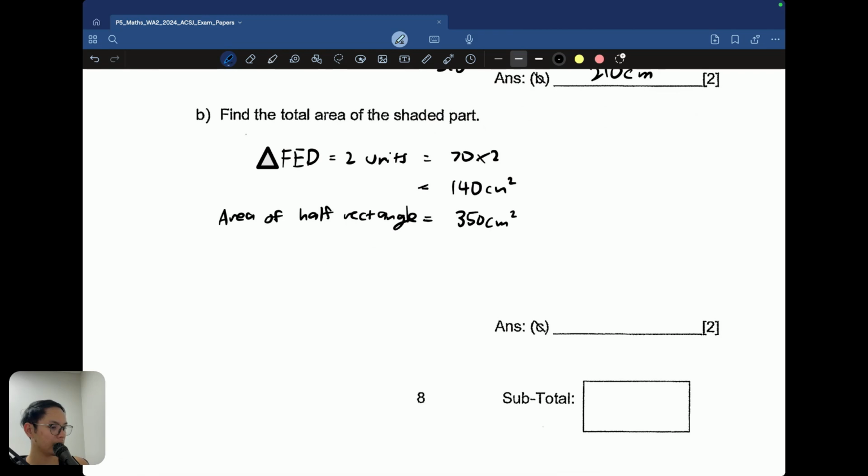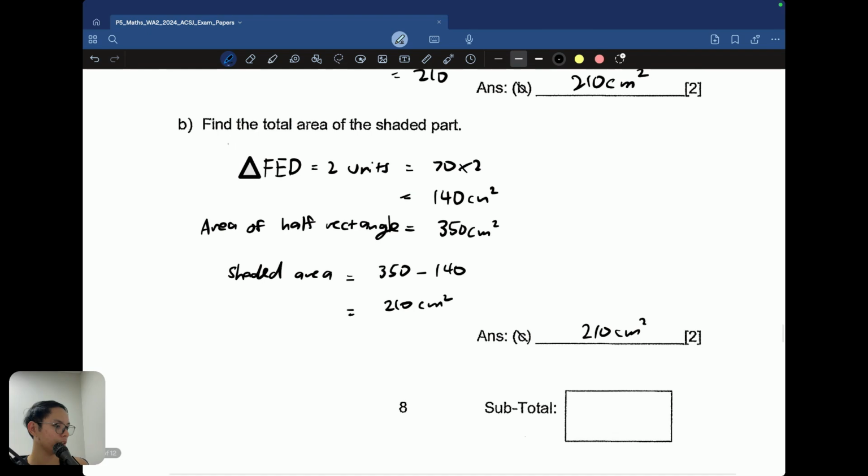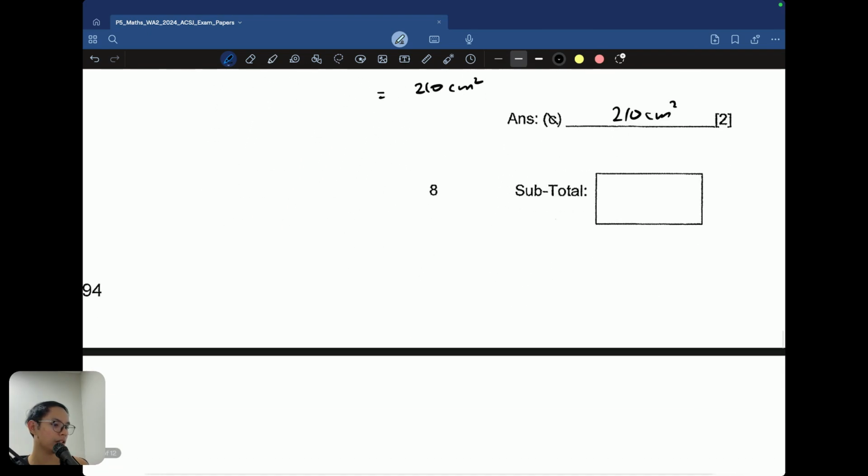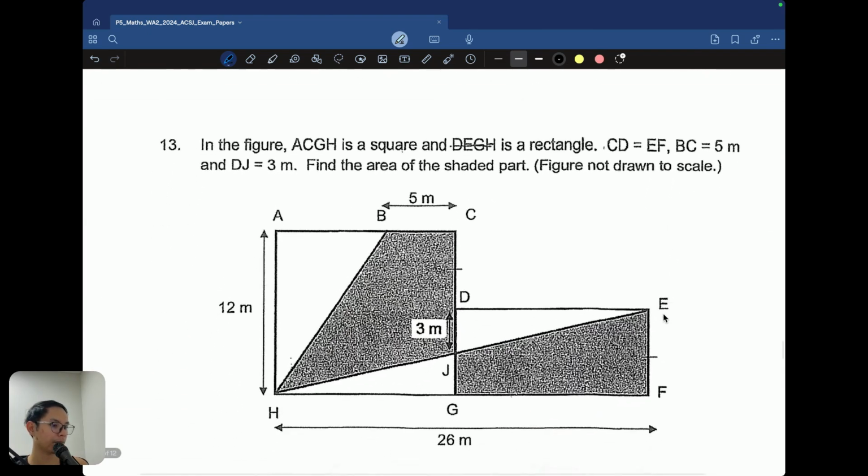So now to get the shaded area, it's basically 350 minus 140, which is 210 centimeter square. So the answer is 210 centimeter square. There you go. Right, and let's move on to the last question.